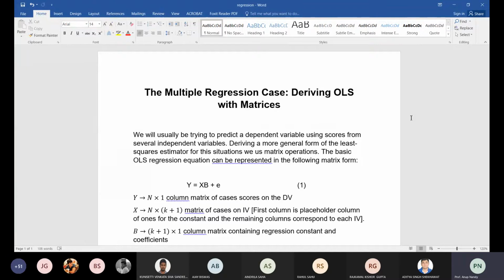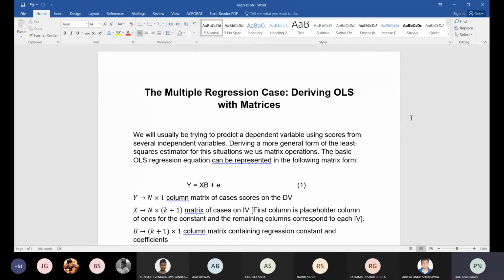So we are writing it in matrix form. This is a capital Y, the dependent variable; capital X, the independent variables; and this capital B, which will hold the regression constant and coefficients, plus the error E. Now you need to know the dimension of each variable. Capital Y is an n cross 1 column matrix of case scores of the dependent variable. What is the dimension of X?